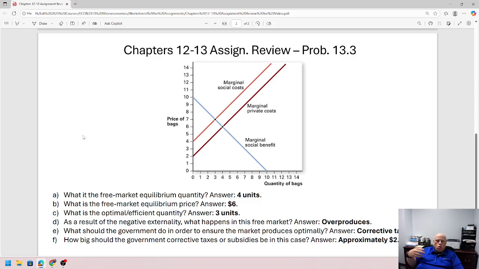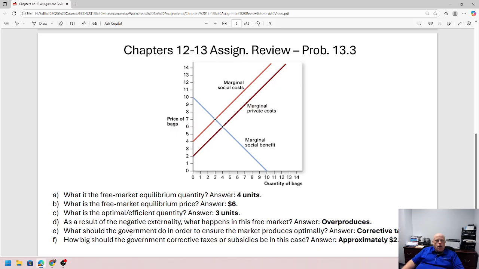Okay, so the answer is overproduces. And you can see that by looking at the difference between the free market equilibrium quantity and the optimal quantity. Remember, the free market equilibrium quantity we said was 4 units, whereas the optimal or efficient quantity is 3 units. So we can see that we are overproducing in this type of market.